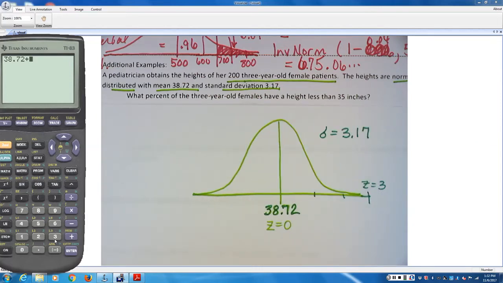And I'm going to add 3 times the standard deviation. And so that top score is 48.23.